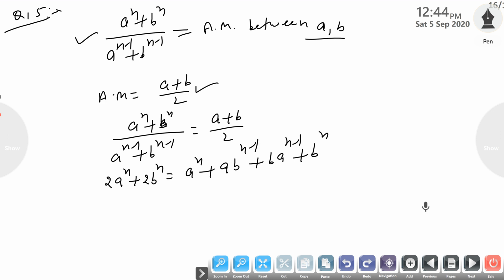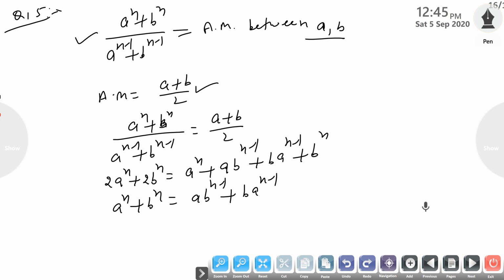After solving this, we get a^n plus b^n equal to a b^(n-1) plus b into a^(n-1).